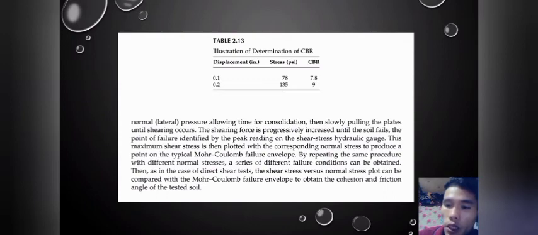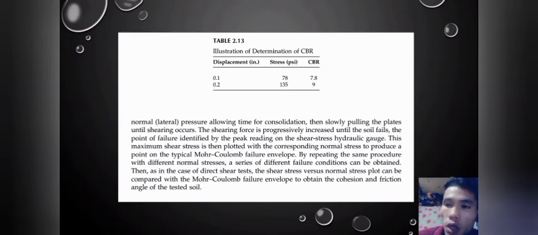By repeating the same procedure with different normal stresses, a series of different failure conditions can be obtained. Then, as in the case of the direct shear test, the shear stress versus normal stress plot can be paired with the Mohr-Coulomb failure envelope to obtain the cohesion and friction angle of the tested soil.